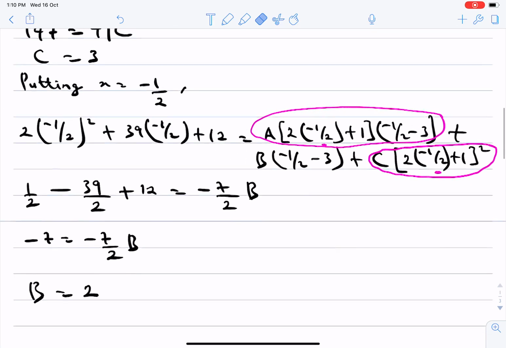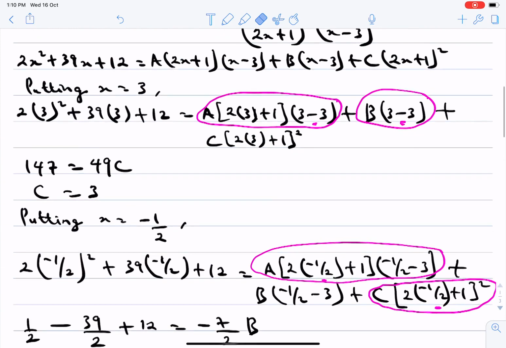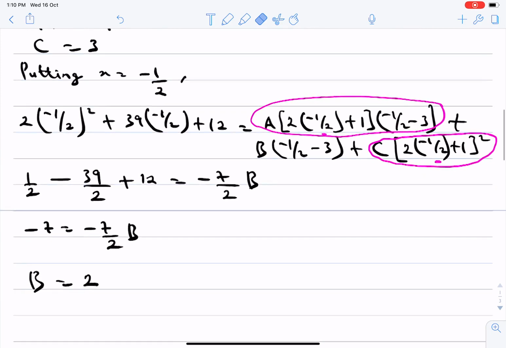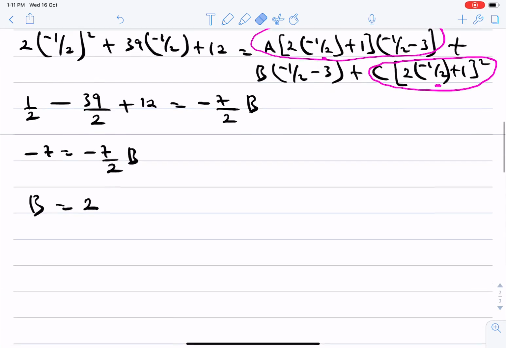Now, what else can I substitute for the value of x in the identity to get a? Let me put x equals 0 in the identity.